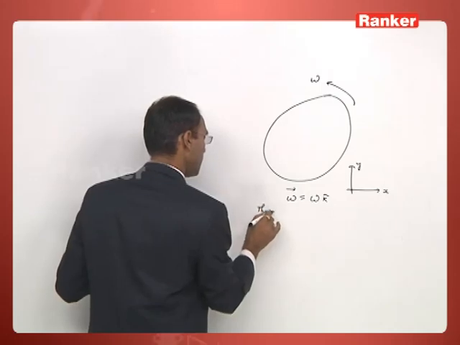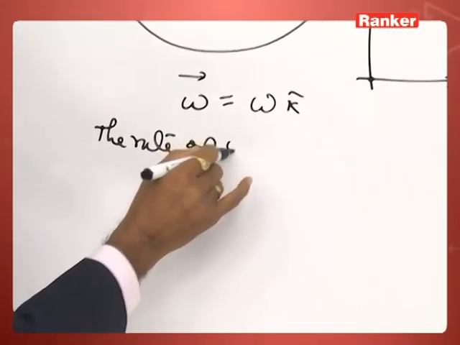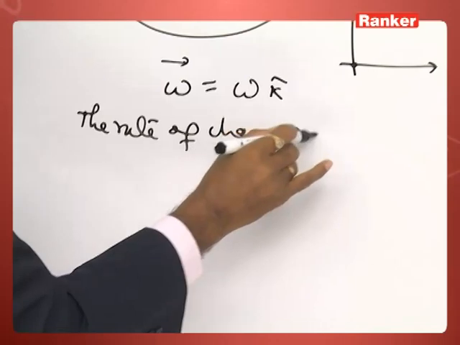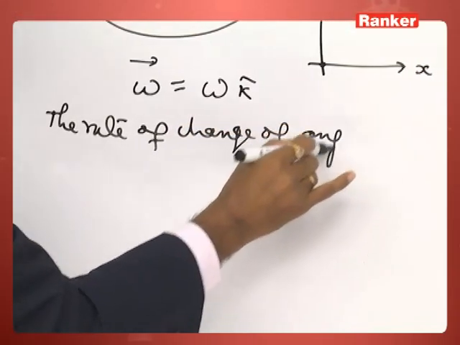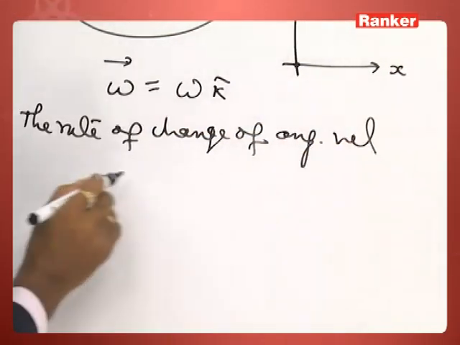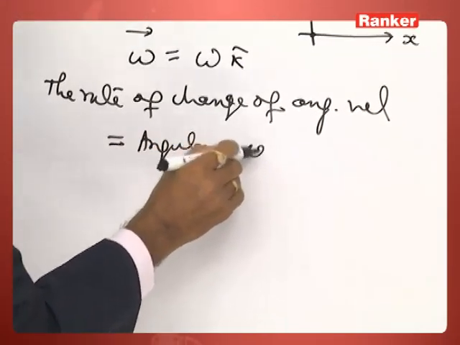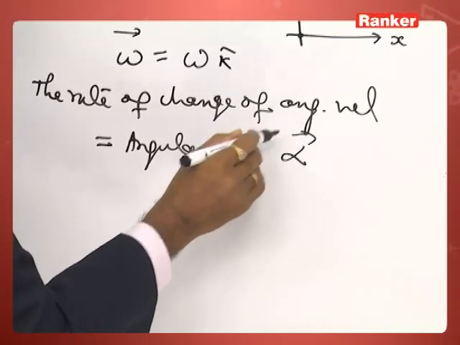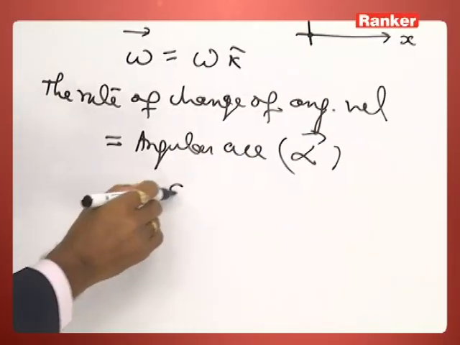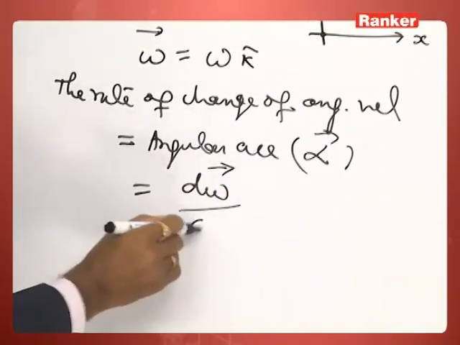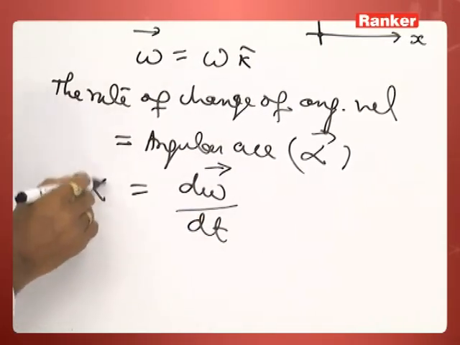The rate of change of angular velocity is defined as angular acceleration alpha, which can be given as d omega by dt.